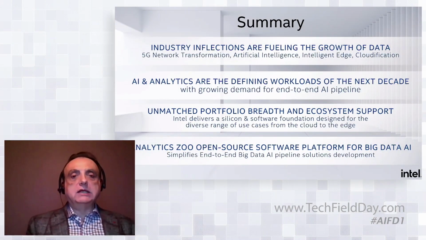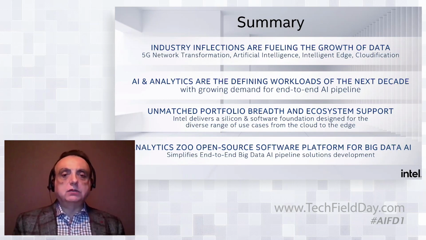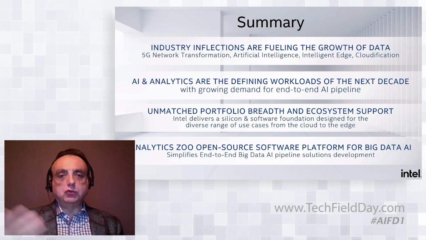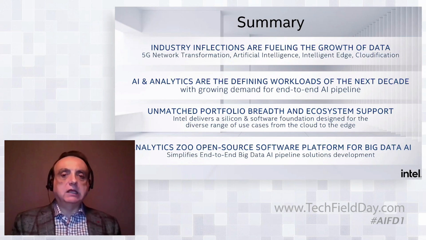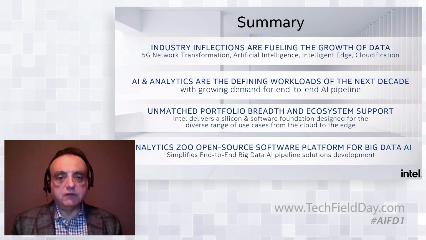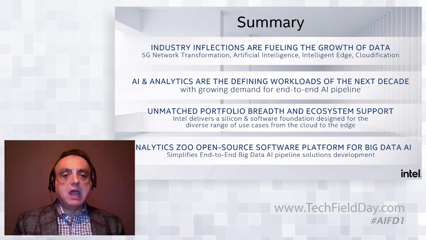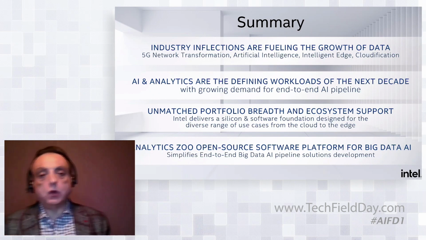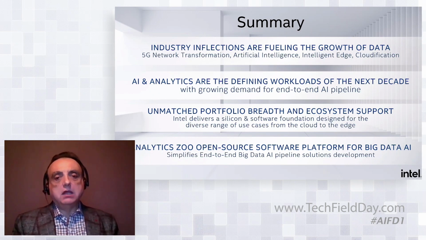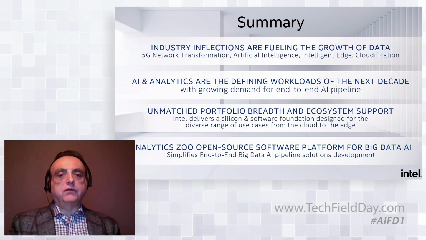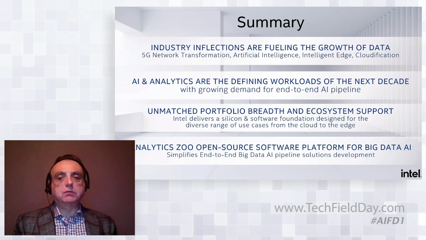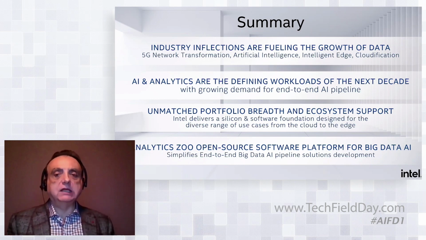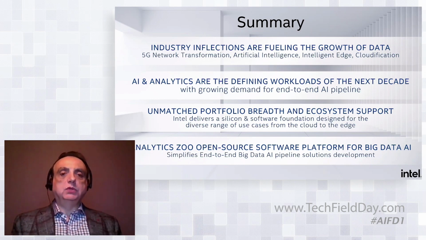I want to remind you that Intel is transforming, becoming data-centric infrastructure, to provide an unmatched portfolio to serve that intelligence era, from silicon to software and anything in between, helping customers deliver a diverse range of use cases. And as you learned today in detail, Analytics Zoo is open source, again, I emphasize that, not a commercial product. It's an open source software platform, open to everyone, to help address big data AI and simplify. We do an end-to-end solution.